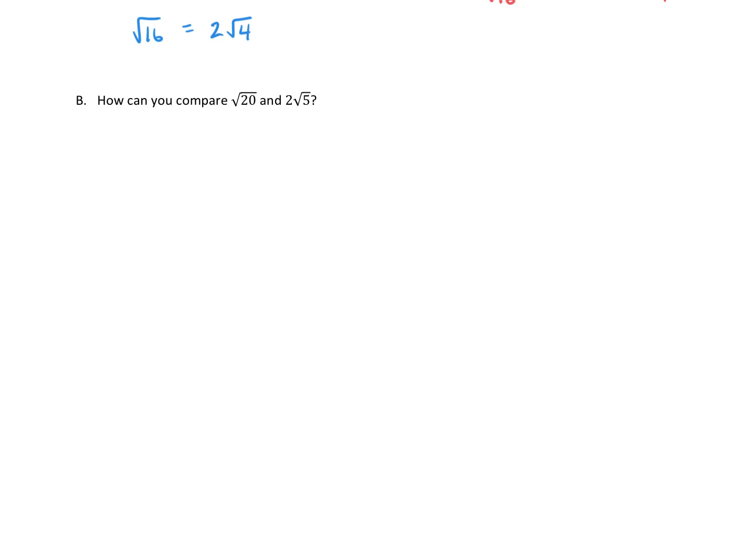Well, we're going to take the square root of 20 and rewrite it as the product of square roots. So we're going to use that property that we talked about in our intro video. So square root of 20, we can rewrite this several ways.